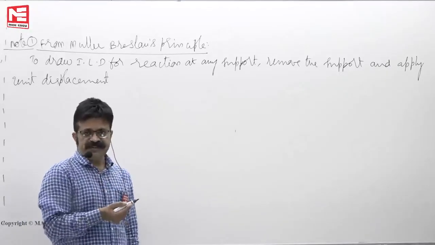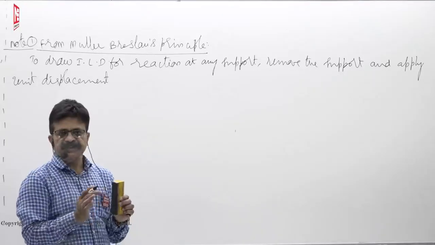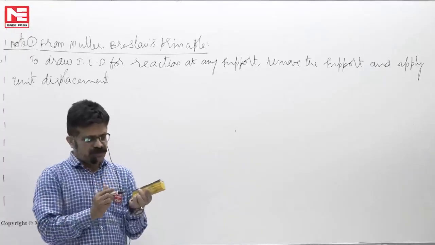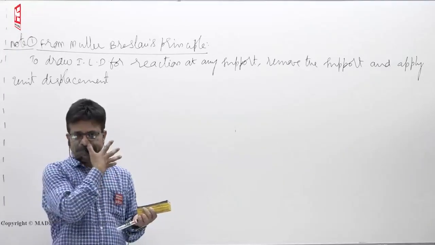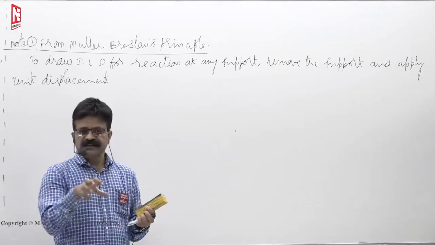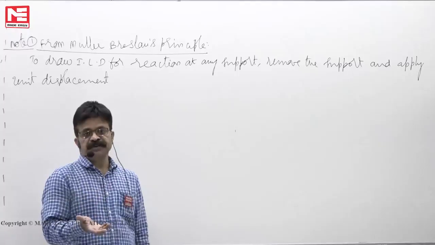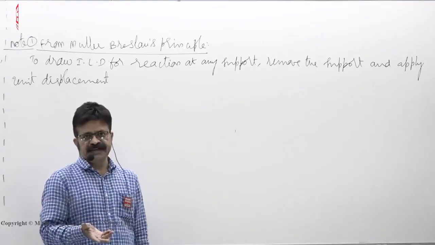Why should we give an imaginary displacement? Any structure which is in equilibrium, if we want to find the forces necessary to keep it in equilibrium, we use the principle of virtual work from engineering mechanics. Sirs might have told you the principle of virtual work gives additional equilibrium equations to solve problems quickly.